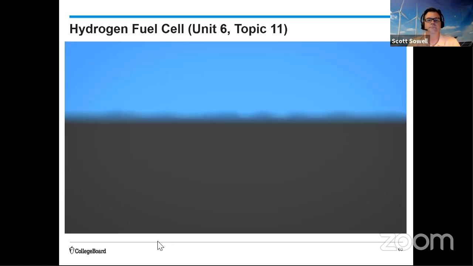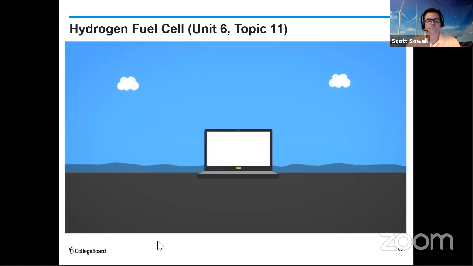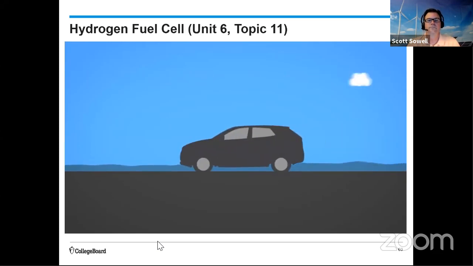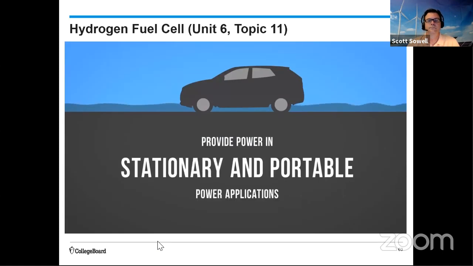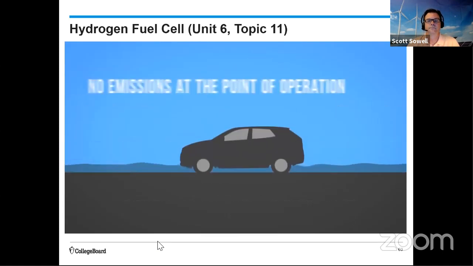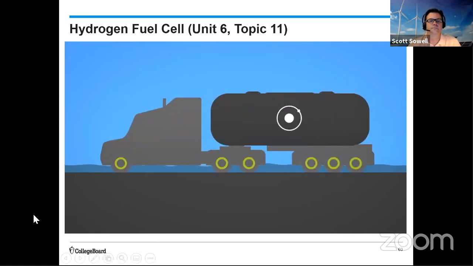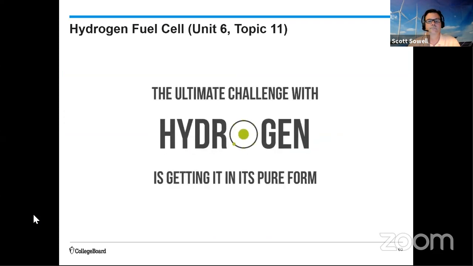They can provide energy for systems as large as a utility power station and as small as a laptop computer. Fuel cells can provide electric motor transportation for vehicles and provide power in stationary and portable power applications. Fuel cells have no emissions at the point of operation. The most significant advantage of hydrogen is that it is an efficient energy carrier. However, the ultimate challenge with hydrogen is getting it in its pure form.